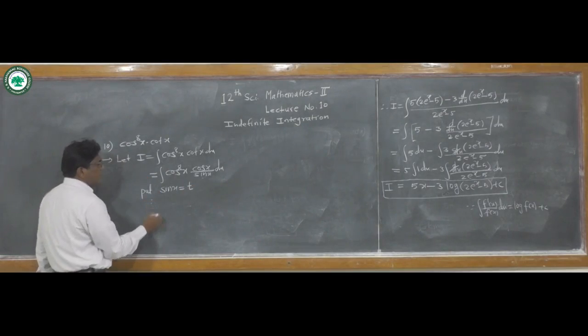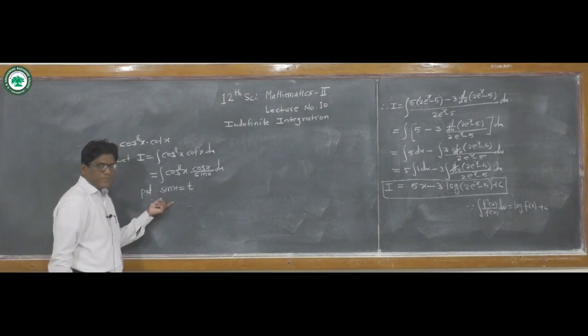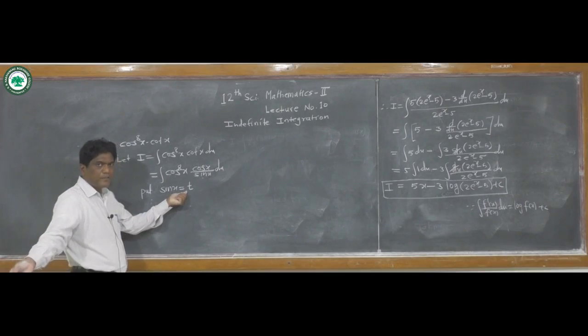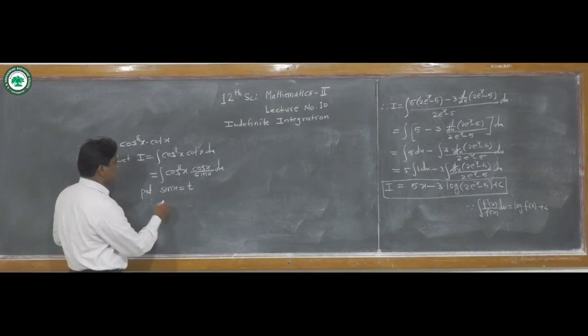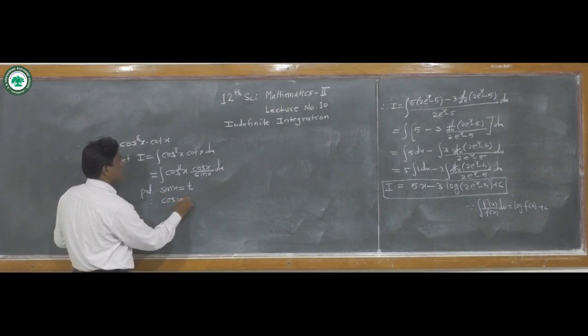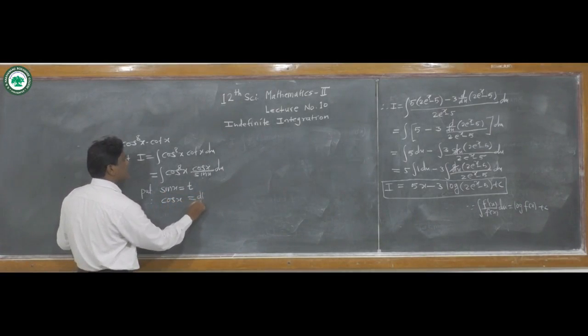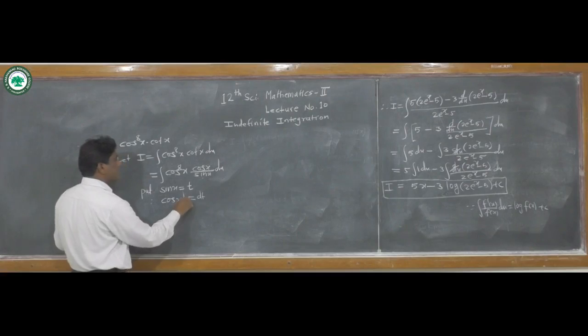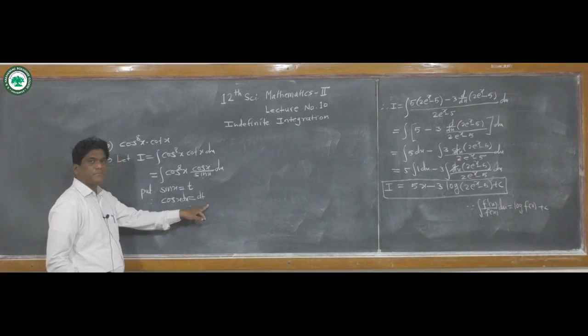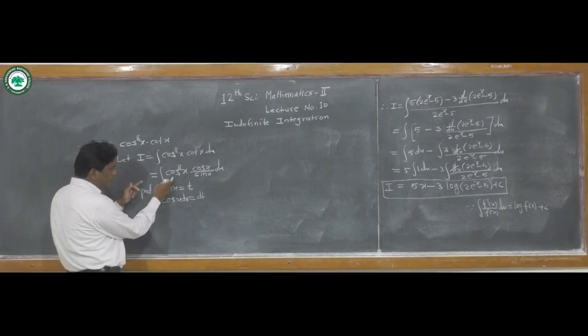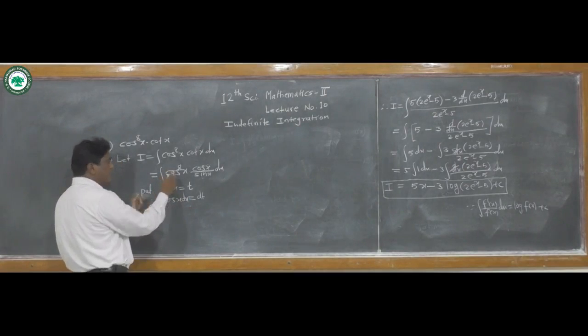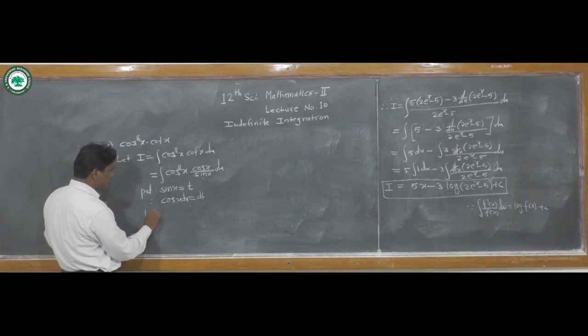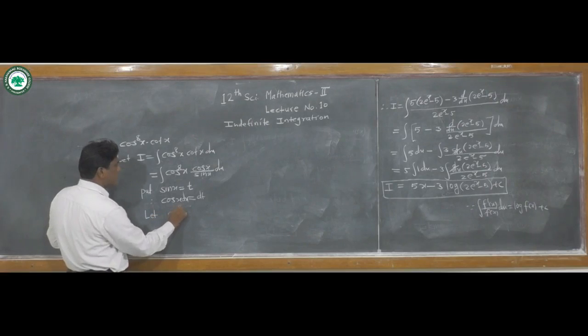and therefore differentiate this equation with respect to x. D by dx of sin x is equal to d by dx of t. So d by dx of sin x is cos x, and the right hand side is dt upon dx. Carry that dx to the left side, so cos x dx is equal to dt. And now here we convert this cos to the power 8x.